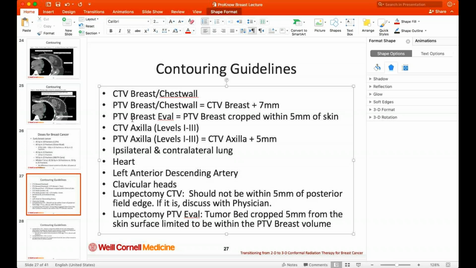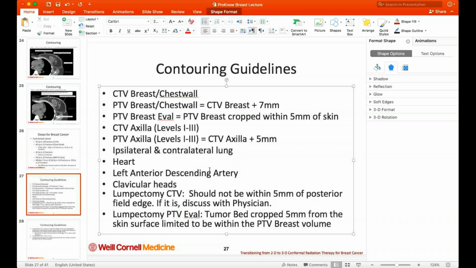You also want to make sure you have your CTV axilla and your PTV axilla, which is the CTV plus 5 millimeters. You also want to draw out your ipsilateral and contralateral lungs, your heart, and then, because there's been a lot of interest in the dose to the heart, the dose to the left anterior descending artery, which is usually the main supplier of blood to the heart.